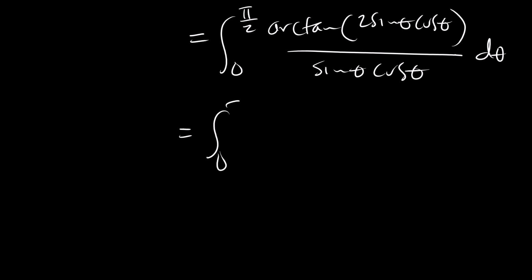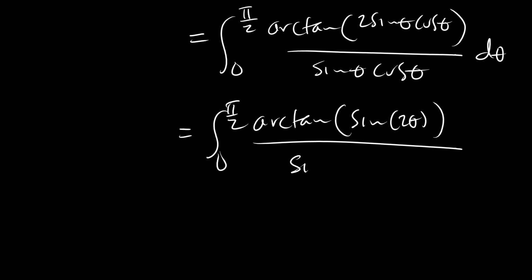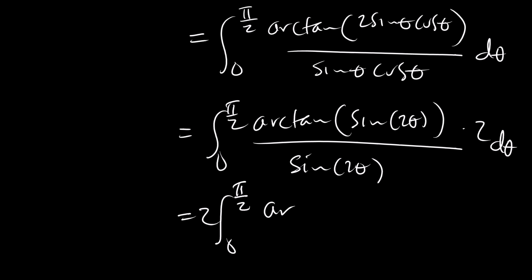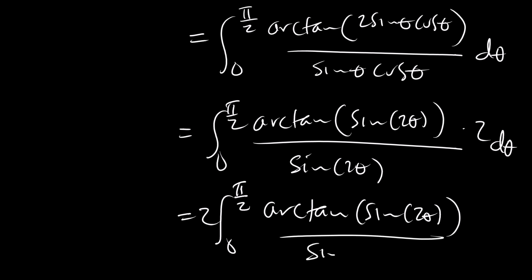So we have sine 2 theta over sine 2 theta, times 2. So this means that we have twice the integral from 0 to pi over 2 of arctan of sine 2 theta over sine 2 theta.